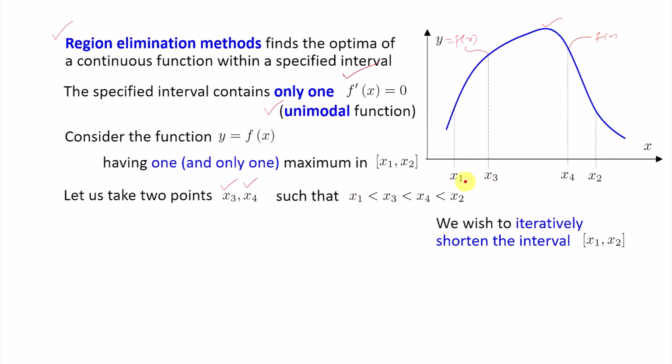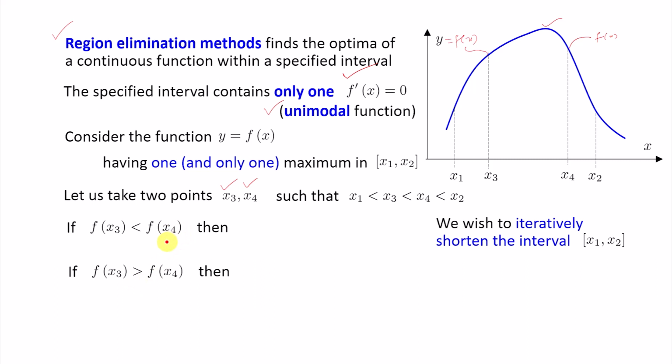Once we evaluate these, we compare them. One of two cases can happen: f(x3) is less than f(x4) or f(x3) is greater than f(x4). You can say that they could be equal, but in real number calculation they are never really equal as such, so either less or greater. But even if they are equal, we can handle that, so we'll come to that.